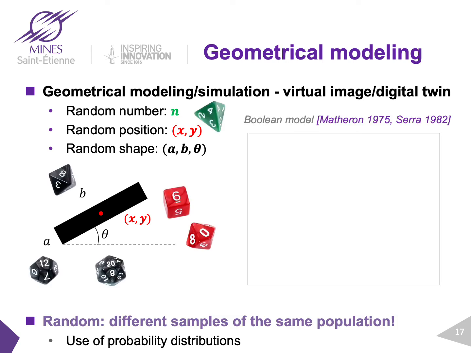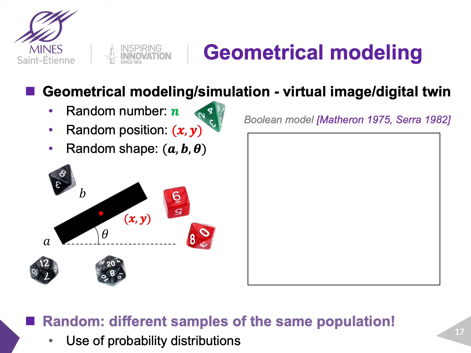Why? Because we would like to be able to define different samples of the same population. It means, for example, imagine you have your sensor in your reactor, you only see a small part inside the reactor, and if you move your sensor to another part, you can consider that you have the same population of particles, but for sure you can see different crystals.